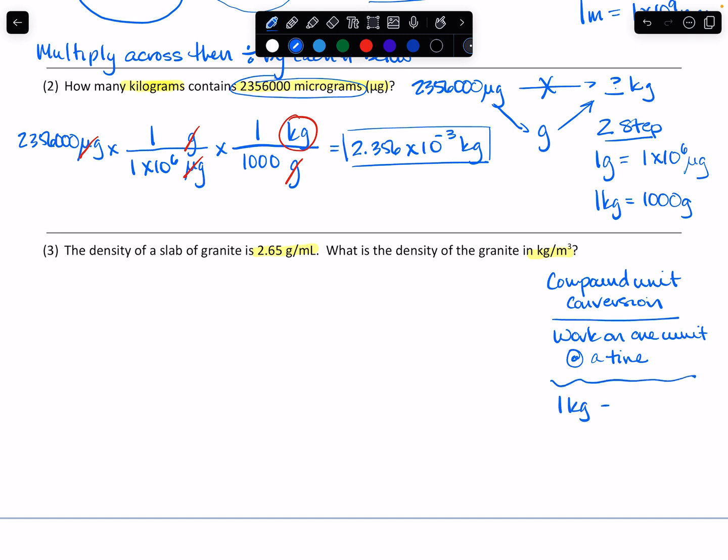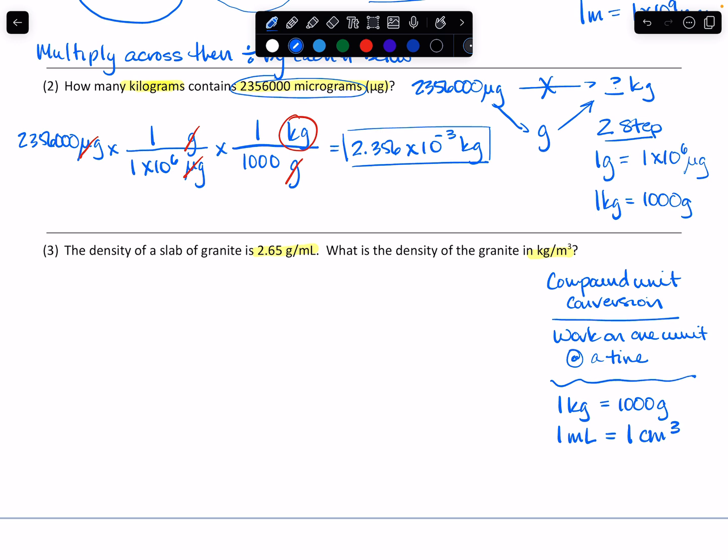Yes. I know that 1 kilogram is equal to 1,000 grams. So that one's going to be pretty straightforward. The trickier one is the milliliters to meters cubed, because that doesn't seem like they should go together. But hopefully you've learned that 1 milliliter is equal to 1 centimeter cubed.